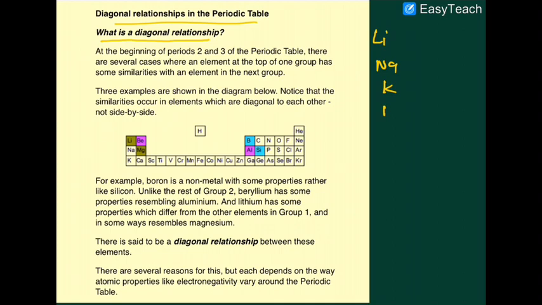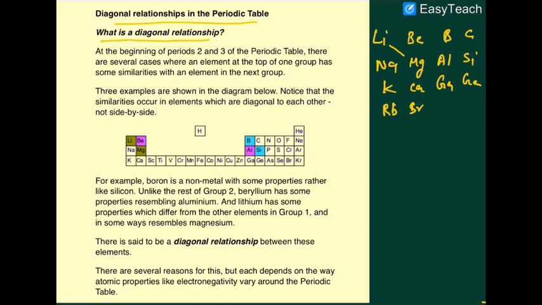After lithium, sodium, potassium, you will have rubidium. Similarly, after lithium, you will get beryllium, then magnesium, then calcium, then strontium. Similarly, you will get boron, aluminium, gallium, like that. Similarly, you have carbon, silicon, germanium.